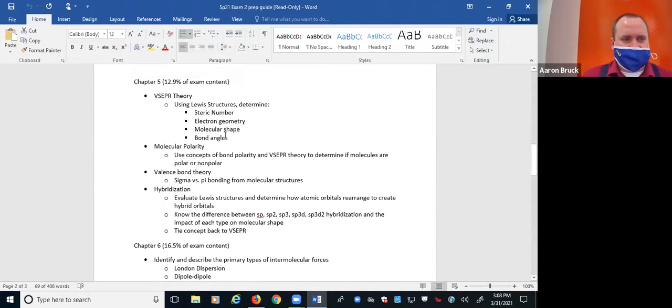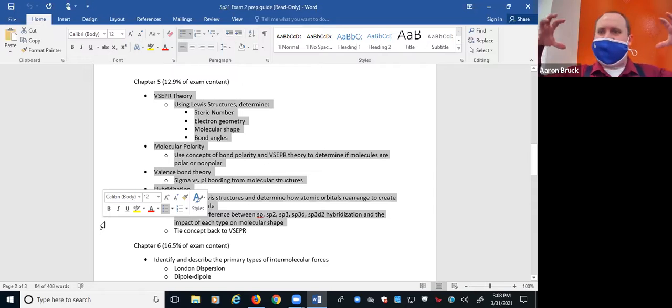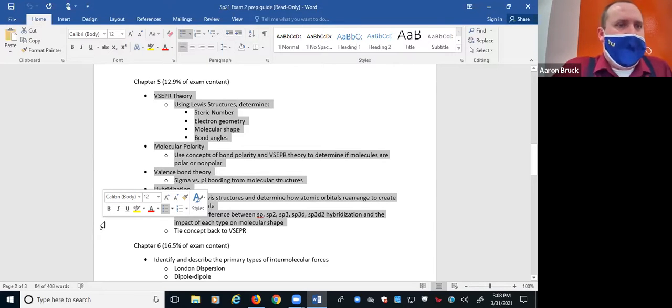Chapter 5 and chapter 6 make up about a little less than 30% of the exam. And so in here, we're looking at things like molecular shape, geometry, the VSEPR theory stuff, looking at molecular polarity, hybridization, valence bond theory. You know, pretty much all of this stuff comes from the same central concept.